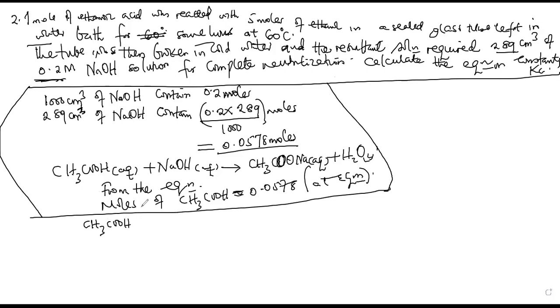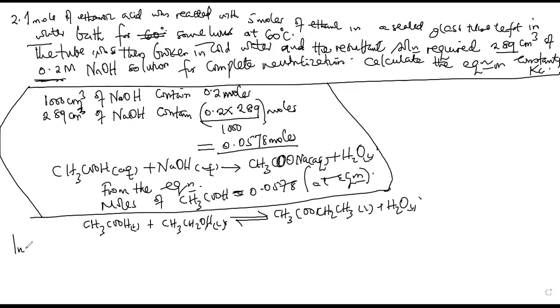Now, after having gotten this information, that is when we can reflect back to our equation of esterification. Ethanoic acid liquid plus ethanol liquid to form ethyl ethanoate liquid plus water liquid. So having the initial moles, they say 1 mole of ethanoic acid, so we have 1.